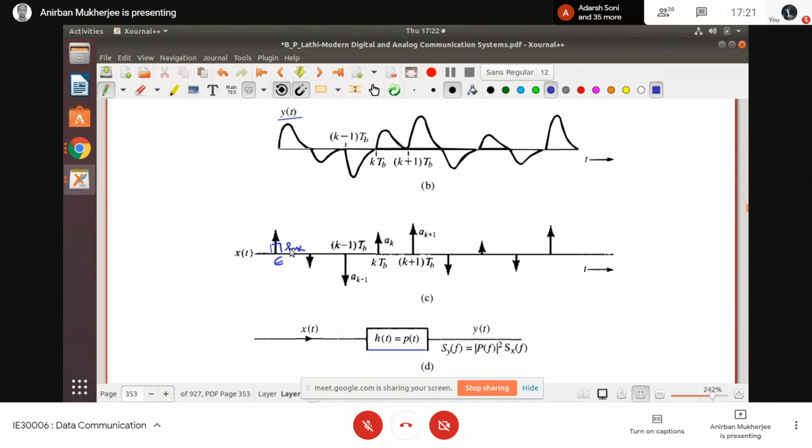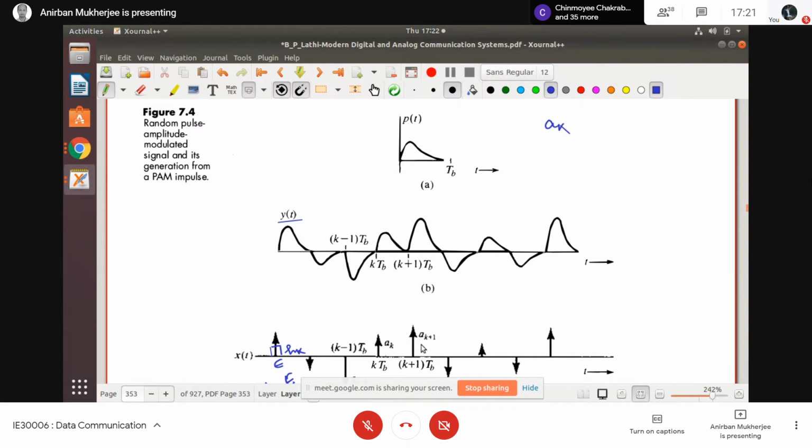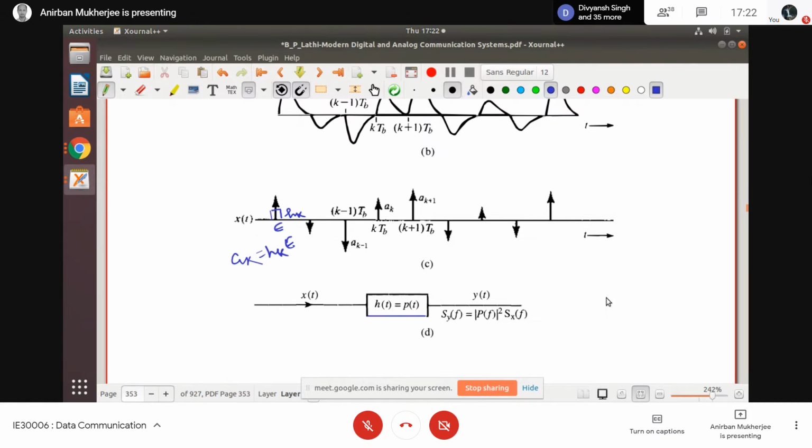Epsilon tends to 0 and hk tends to infinity, so that each AK equals hk times epsilon, keeping the product constant. This is the pulse train xt, with each pulse represented by a rectangle.